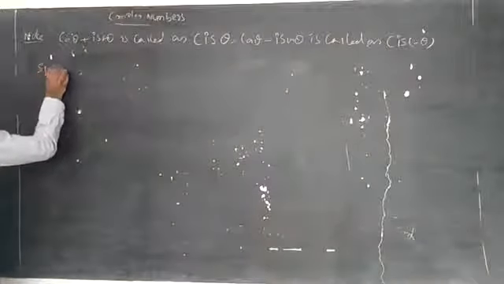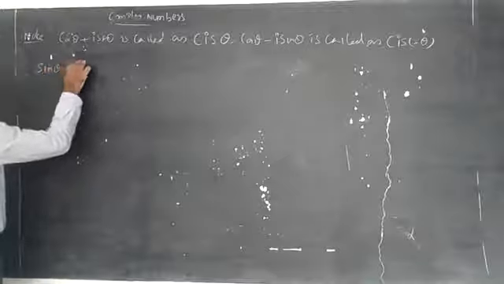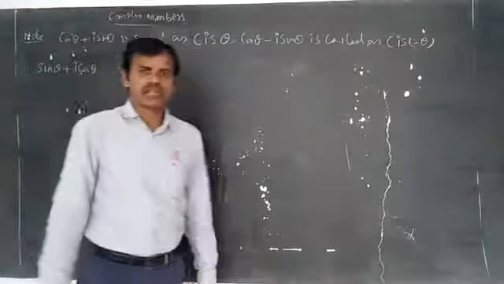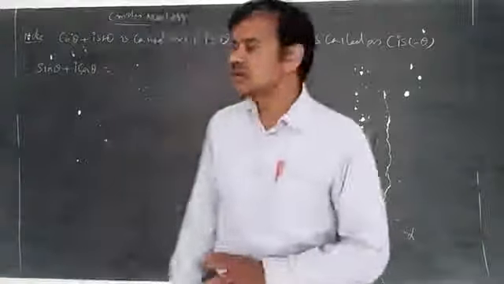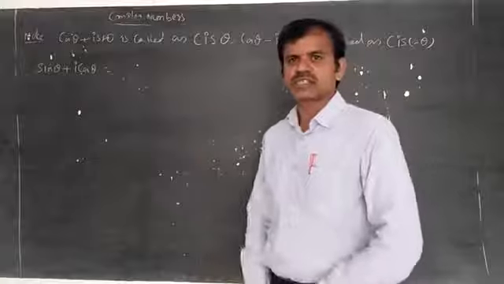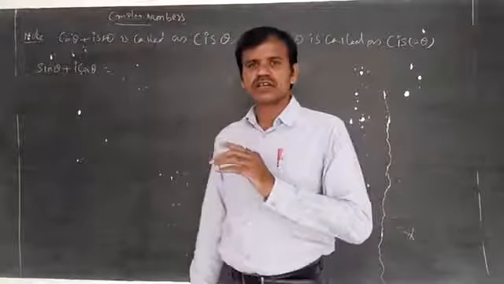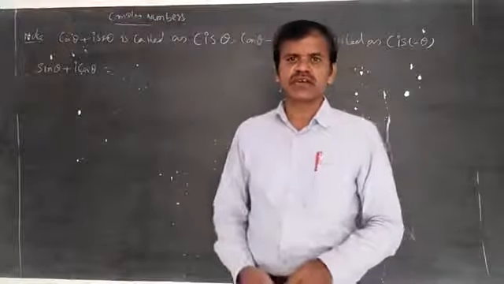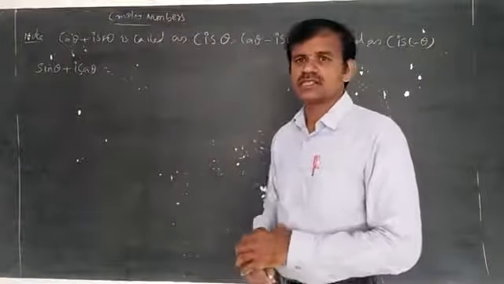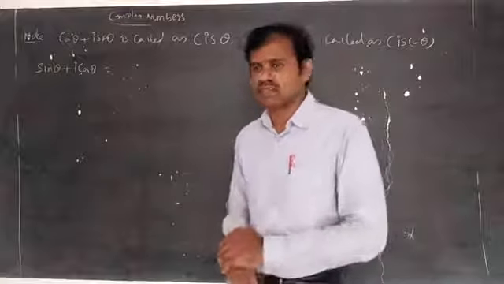Next one: sin theta plus i cos theta. The general notation is that cos should be the first letter and sin the second letter, because cos indicates the x-axis, the polar axis or real axis, and sin indicates the imaginary axis or y-axis.